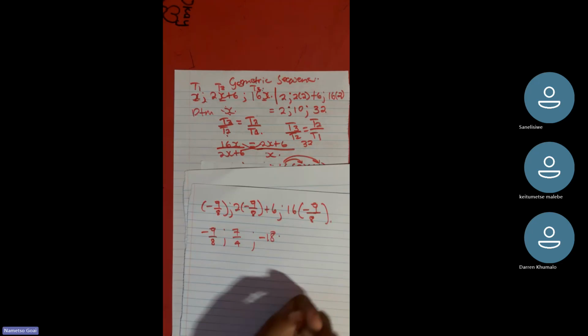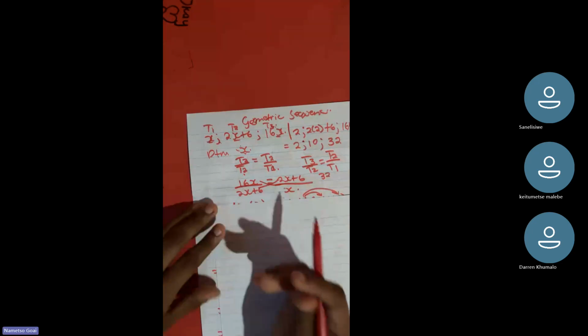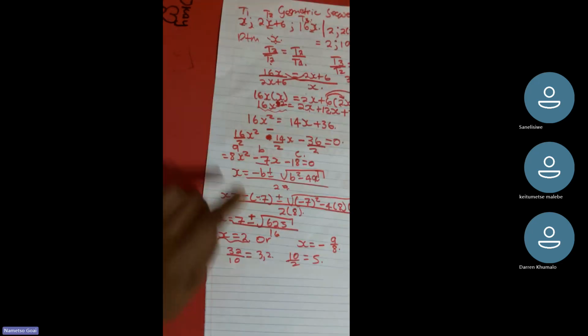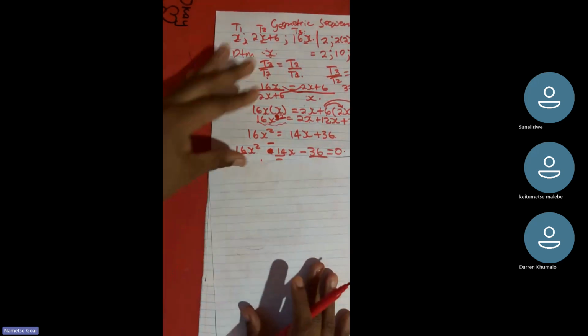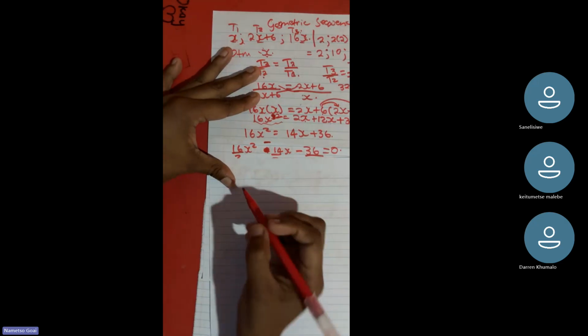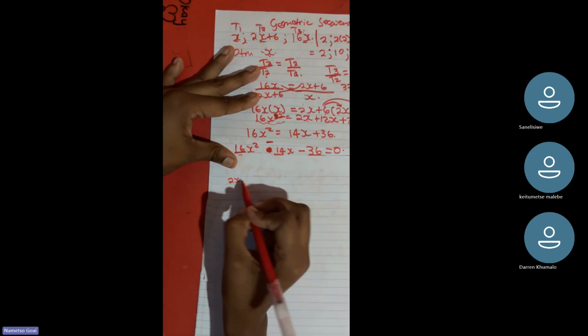Yeah, let me just do this. Wait. Because none of these two solutions is giving me a geometric sequence, and one of them should give me a geometric sequence. So let me quickly try and see what we did wrong.